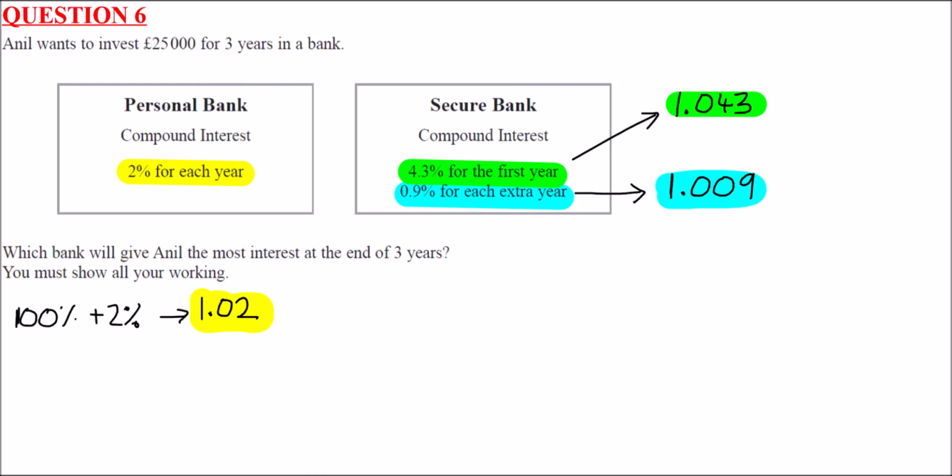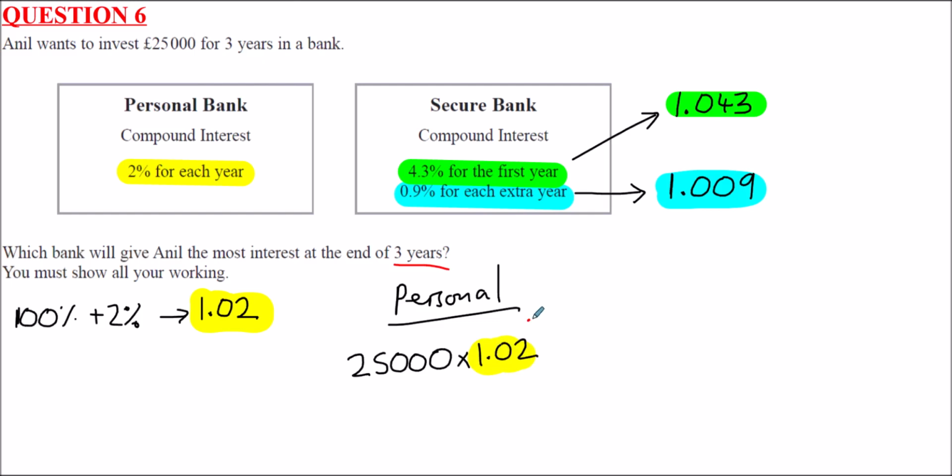So here's how we do it. For personal bank, we take what he starts with, £25,000, and the total in his account at the end of 3 years, we're going to multiply by this decimal multiplier, 1.02, and because it's been invested for a total of 3 years, we multiply this to the power of 3.